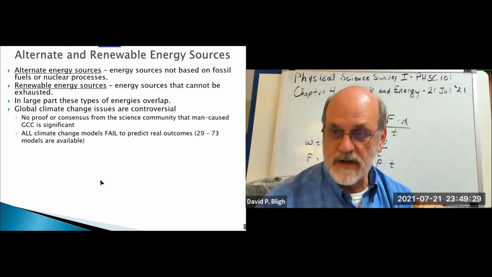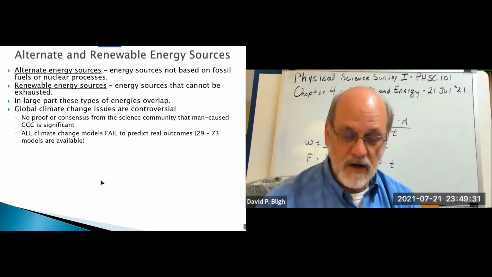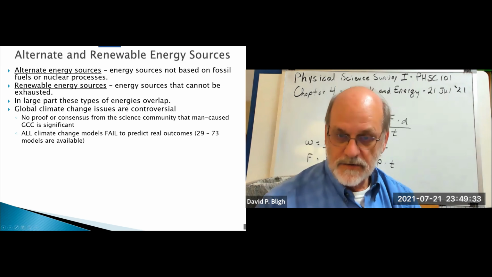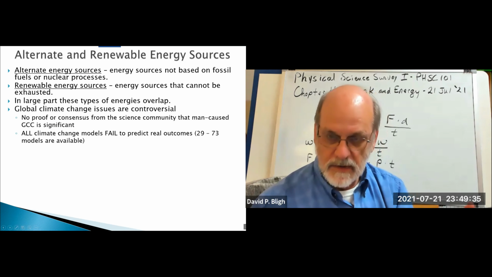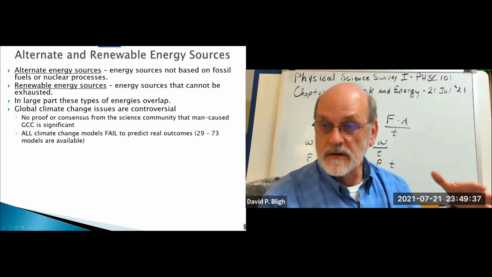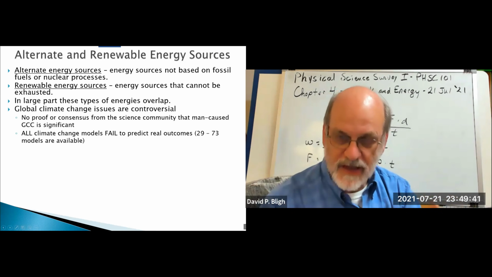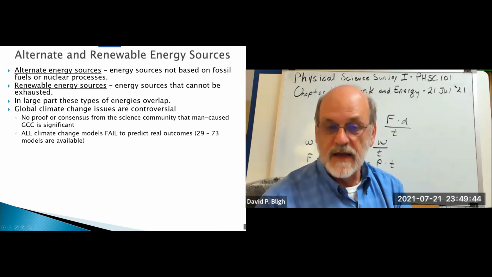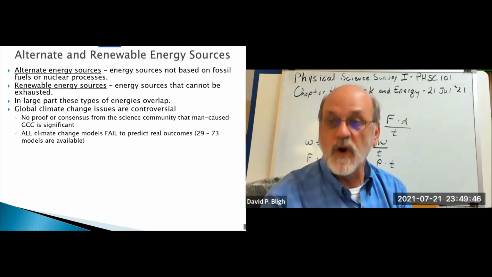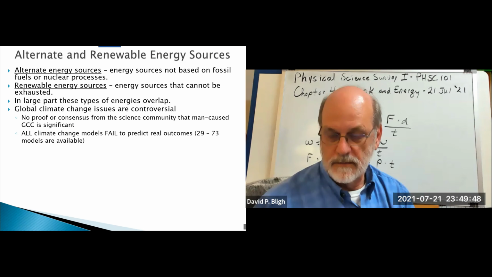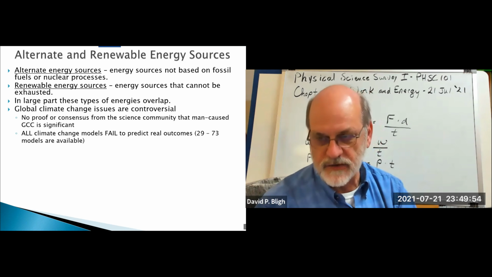Well, the fact of the matter is, we've been using these models for many decades. So we have built up a pattern from earlier times to now, and we can put those values into the models and say, can any of them predict where we are now? And they all fail, every one of them without exception. They never predict the right answer.